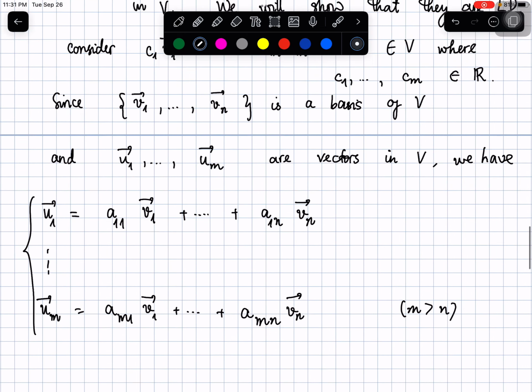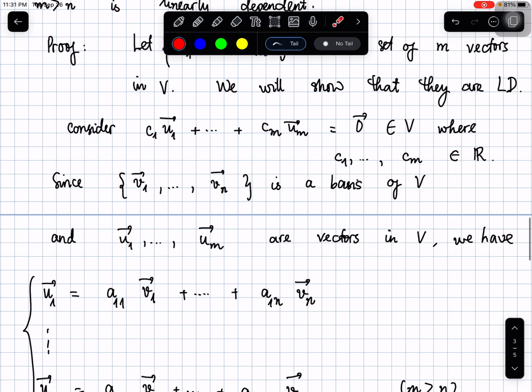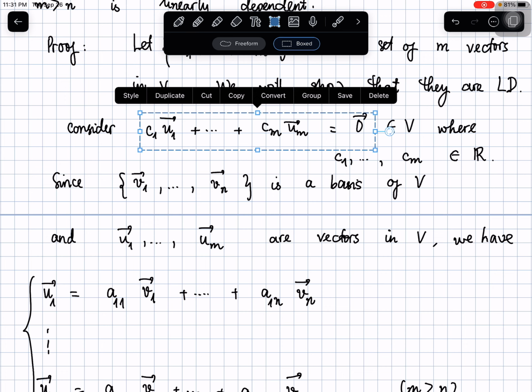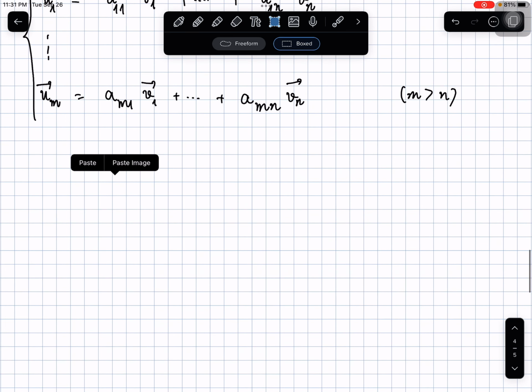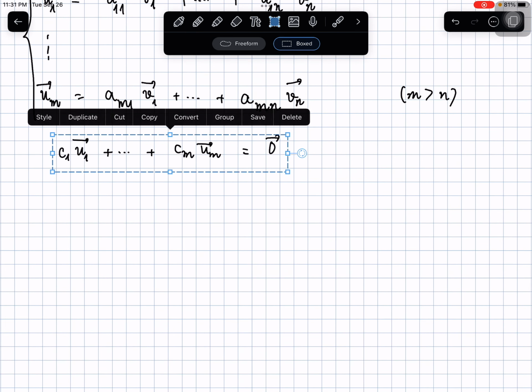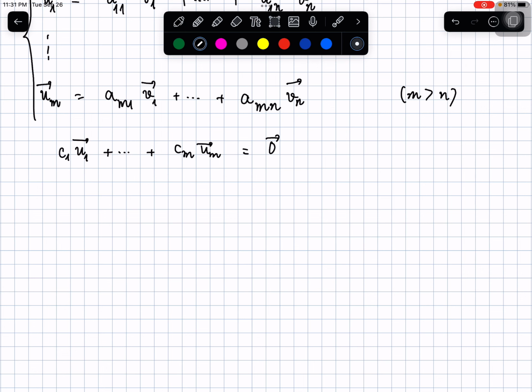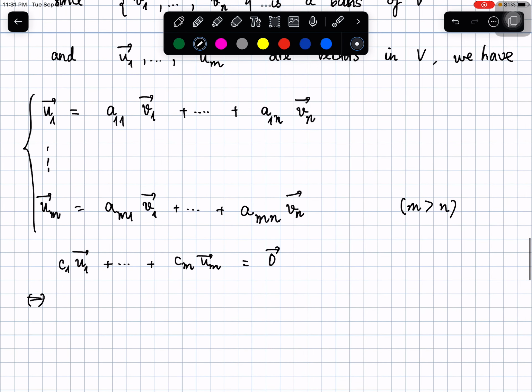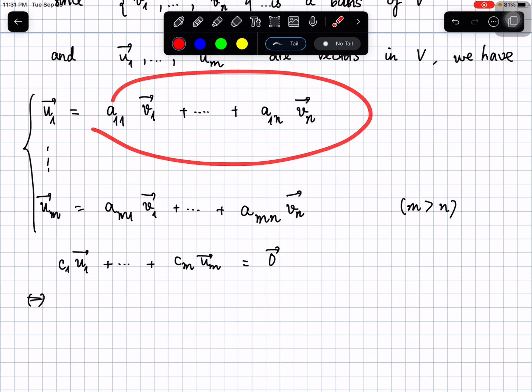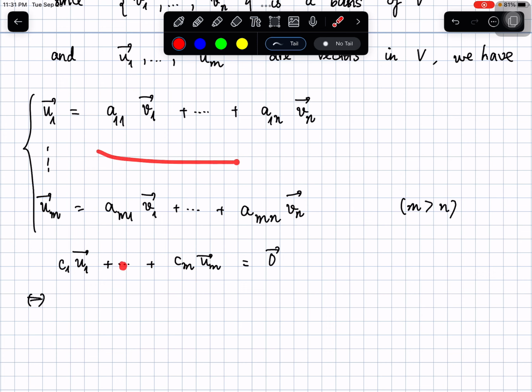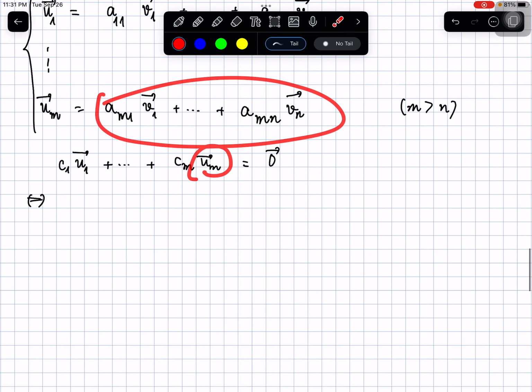Okay, so now come back to our equation here. This equation is equivalent to, now we replace u1 by this linear combination, u2 by the second linear combination, um by the last linear combination.